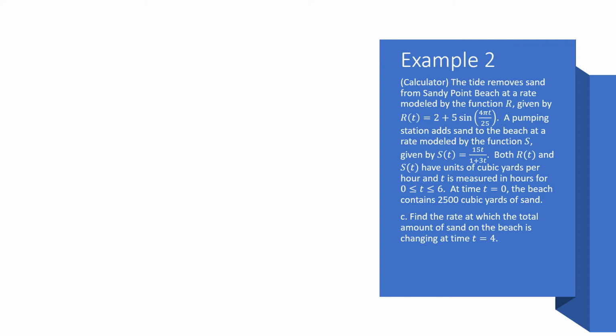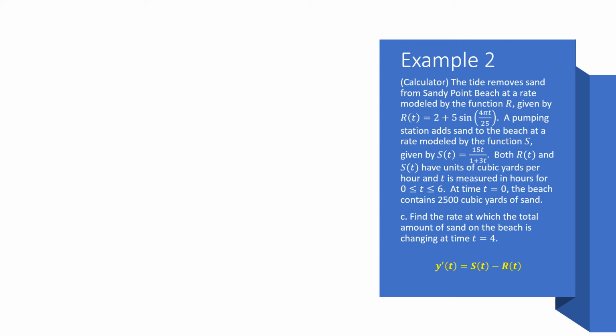All right, in example 2, part C, it says find the rate at which the total amount of sand on the beach is changing at time t equals 4. So to find the rate at which something is changing, remember that's the derivative. And so the derivative of y of t, which we calculated in part B, is given by the fundamental theorem of calculus. So that's going to be s of t minus r of t.